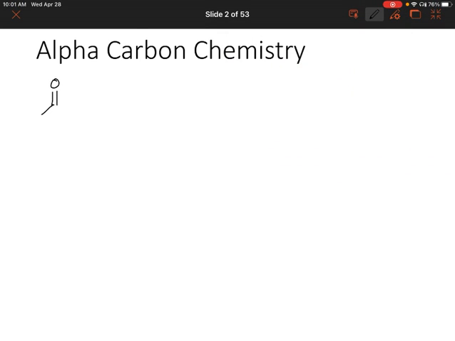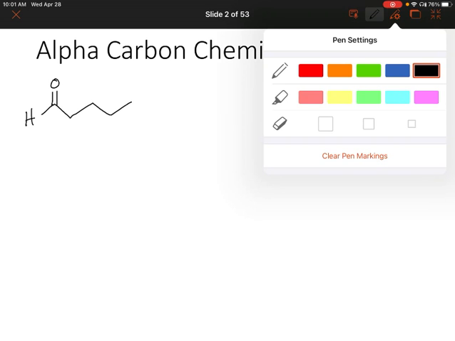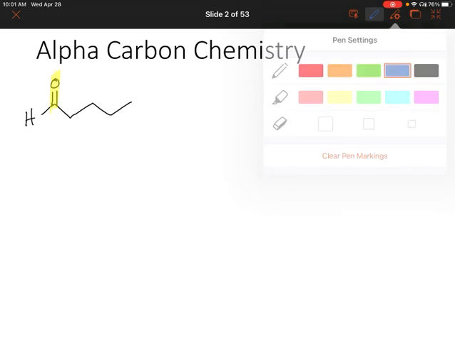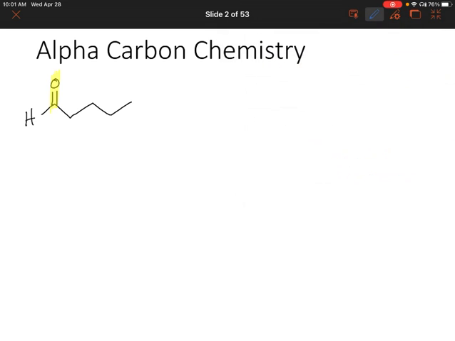Let's say we have an aldehyde, and we have a chain of carbons coming off of that carbonyl group. We can label those carbons next to the carbonyl group as alpha, then beta, then gamma, and then delta.